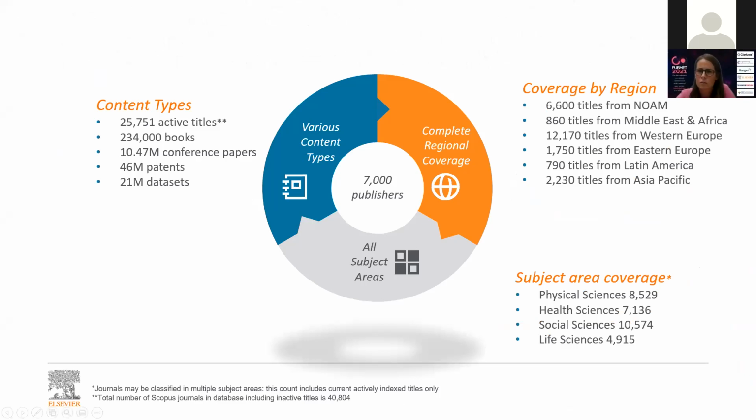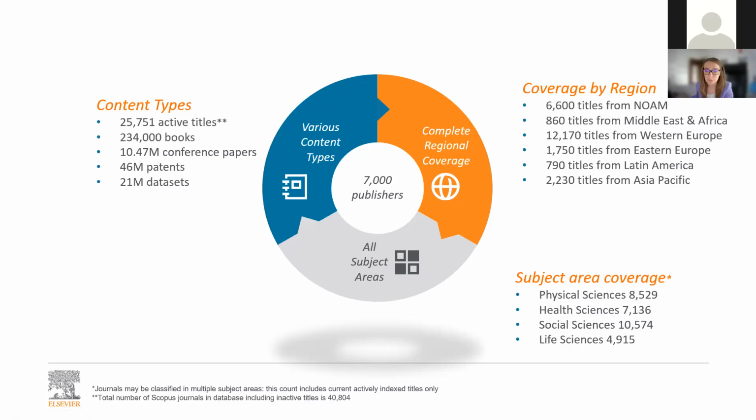It's over 40,000, but it includes also the inactive titles, which means that they were simply discontinued over the last few years. We have also books, conference papers, patents, data sets, and our coverage is regional. So we have not only the coverage from, for example, North America, but also from Middle East, Western Europe, Eastern Europe, Latin America, and Asia Pacific.